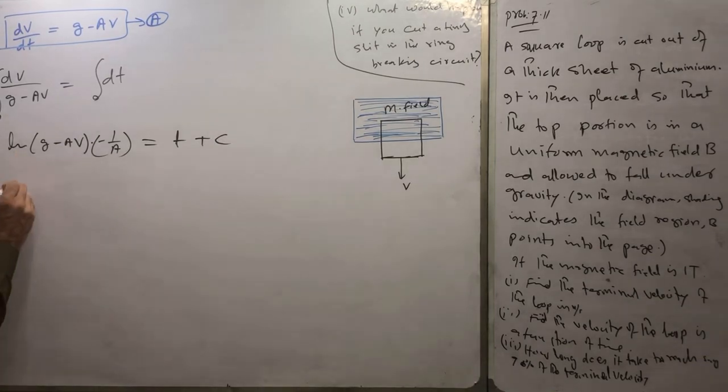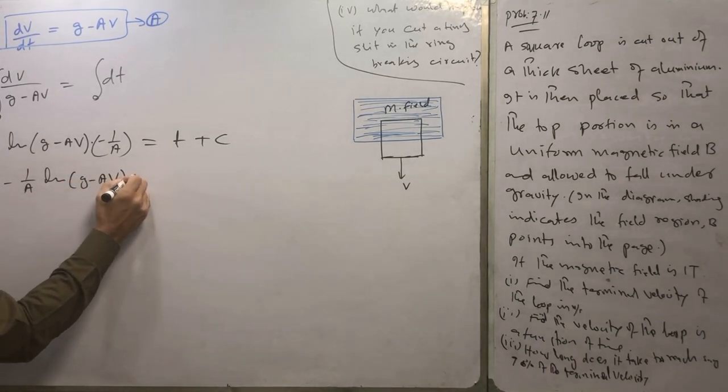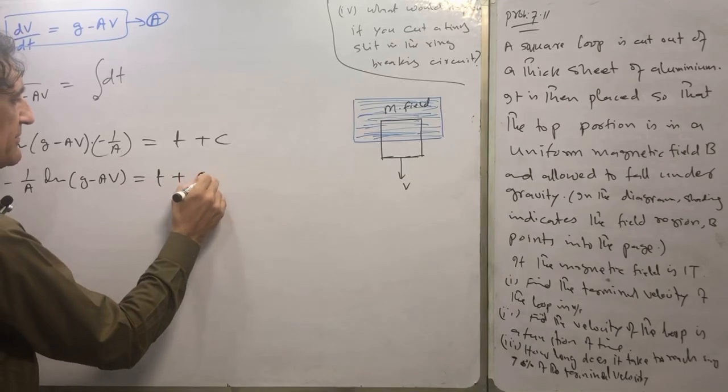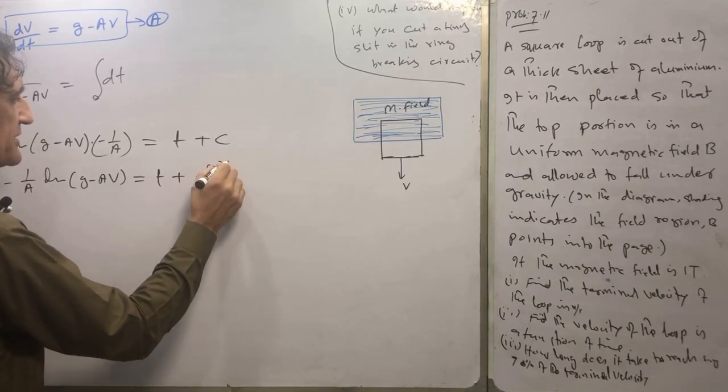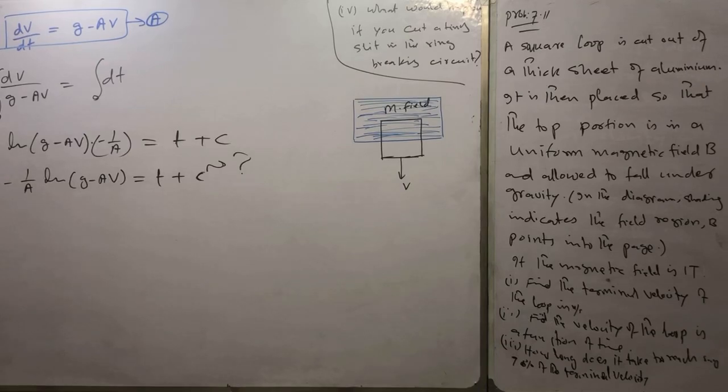So −(1/a) ln(g − av) = t + c, and we must find this constant of integration. What will be its value?